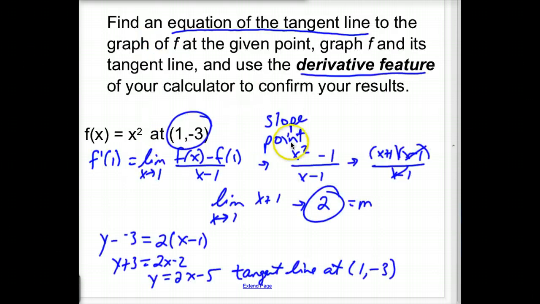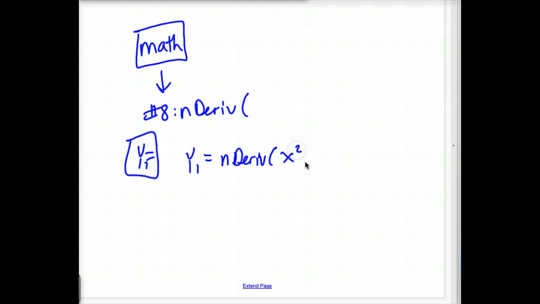So type in x squared, and then a comma, and then x. Oops, and then comma x again. This is the variable within the function, and this is which values we want the derivative of, and we want all derivatives of every x.